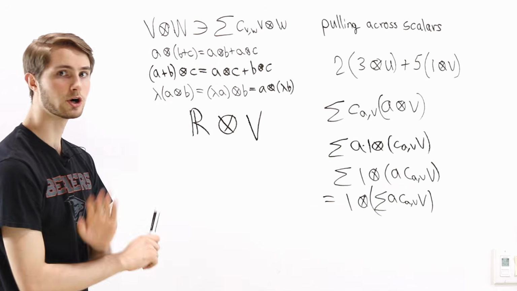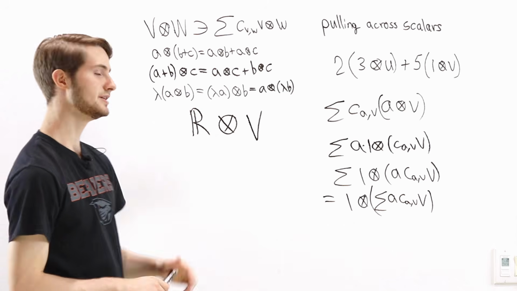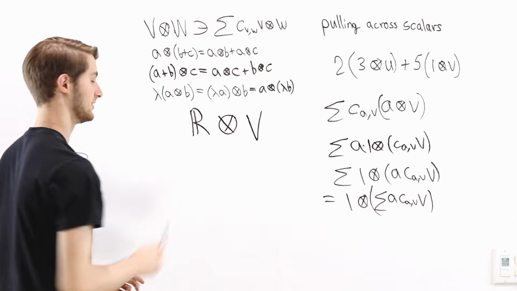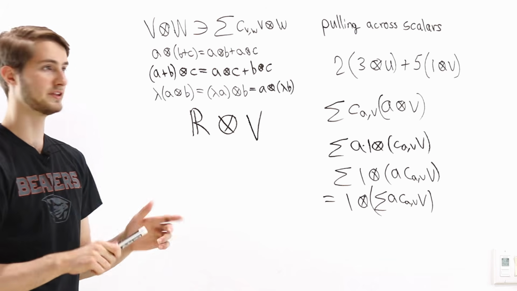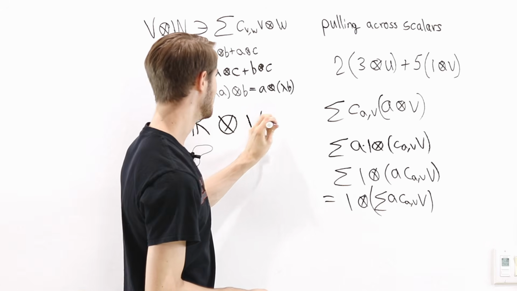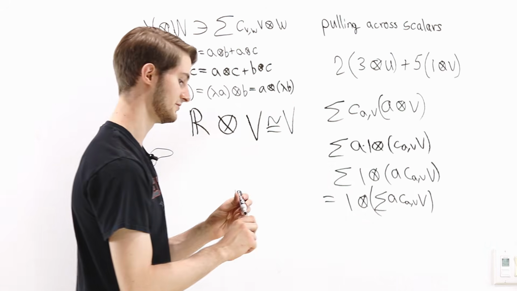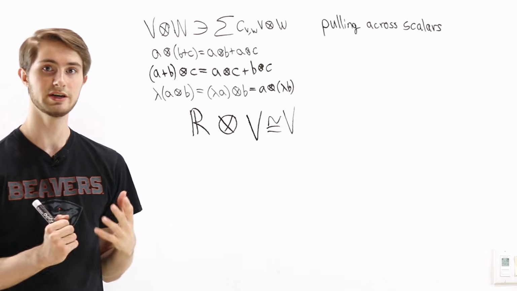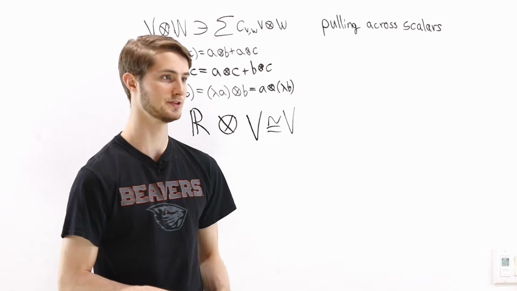So for any arbitrary element of R tensor V, we can write it as 1 tensor some element in this vector space V. And for that reason, this vector space is just isomorphic to V. So the idea of pulling across scalars is a very powerful way to simplify tensors.